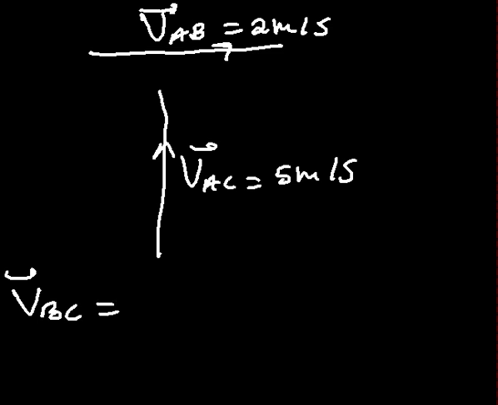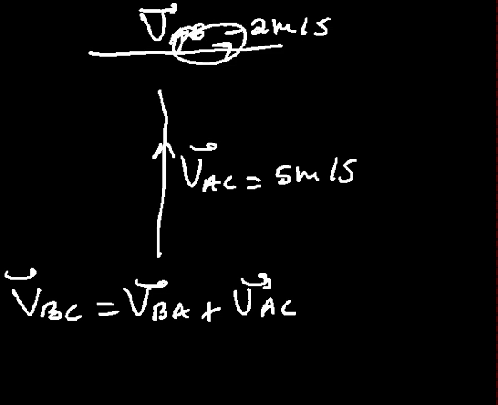So the principle remains the same. We'll come up with the expression that will be given as Vbc is equal to Vba plus Vac, like that. But now since these velocities are in 2 dimensions, then we need to resolve each velocity into components.